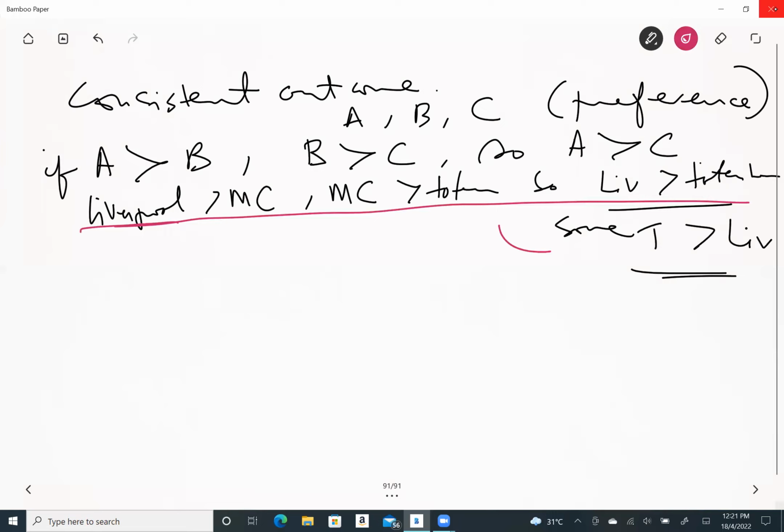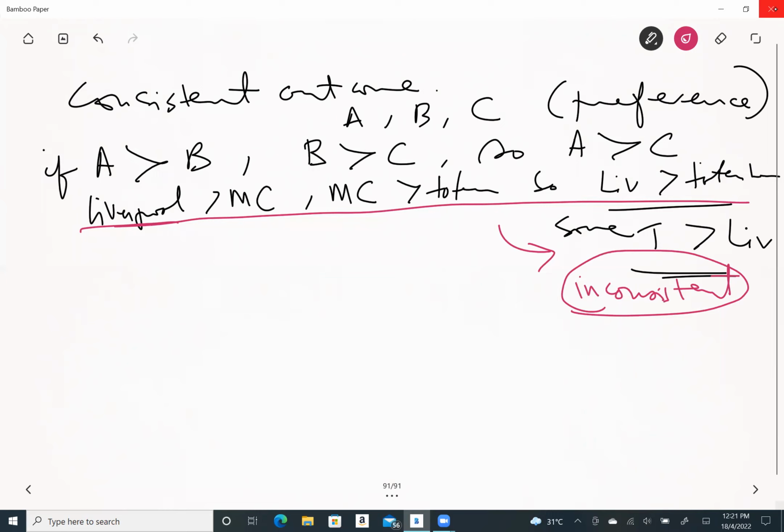The second one here, this is what you call inconsistent. So what happened here is this: when you have pairwise voting, you may have inconsistent outcome, inconsistent choices. Why? Because it doesn't follow the consistency condition.